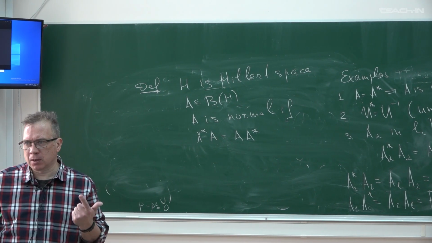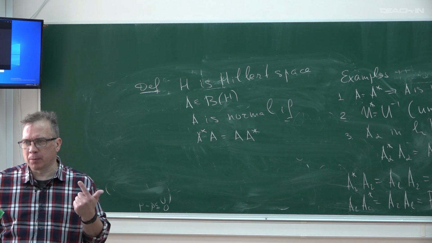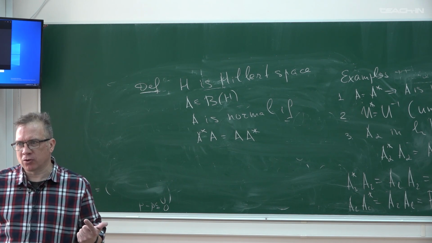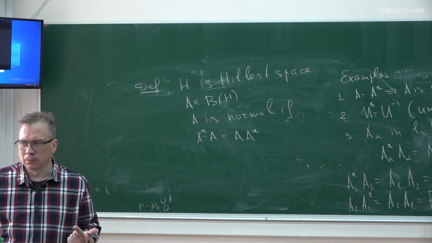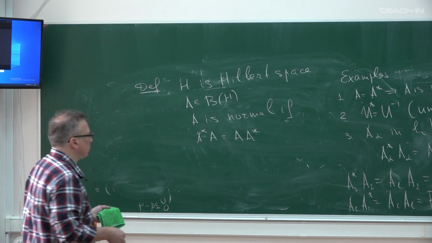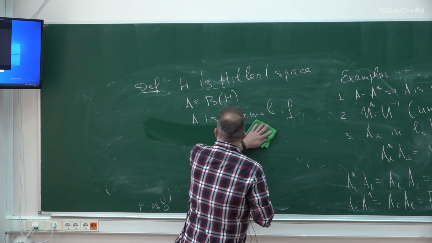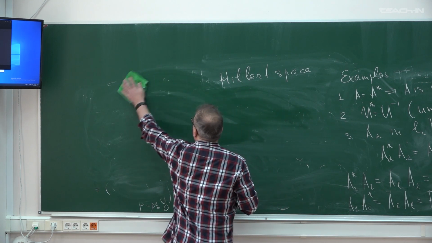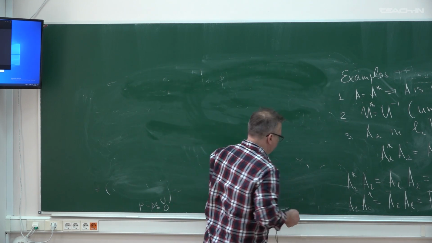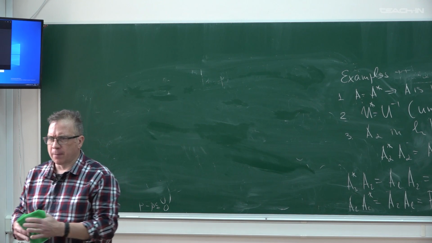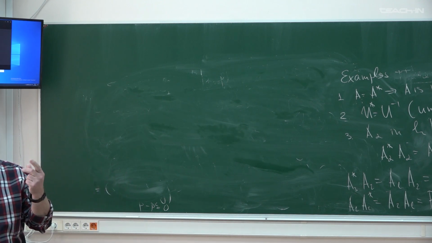A normal operator is equivalent to an operator of multiplication by some complex-valued function. That's all. And some properties of normal operators. We need them to prove some theorems on the spectrum of operators.